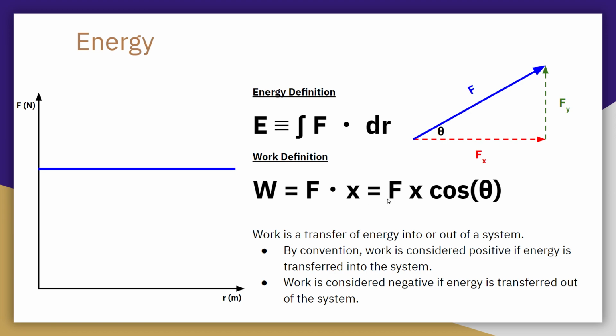Once again, a common way of seeing that is F_x cosine theta. The way that I'll typically be writing this, though, is like this: work is equal to F sub x times x. Because we're not always going to be given theta, the angle between our original force and the horizontal plane.